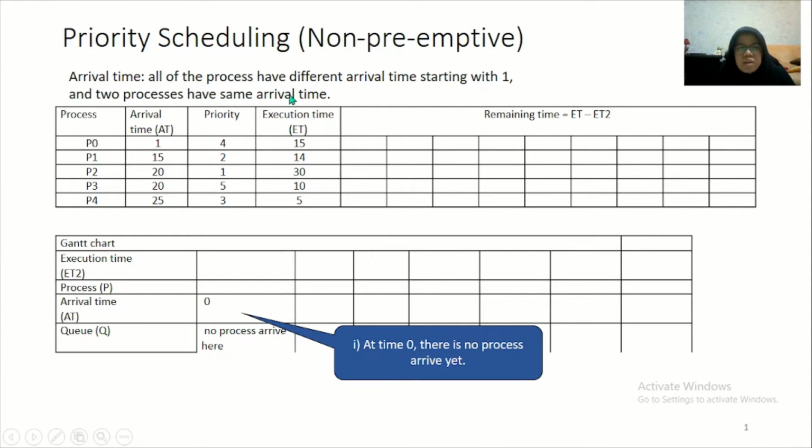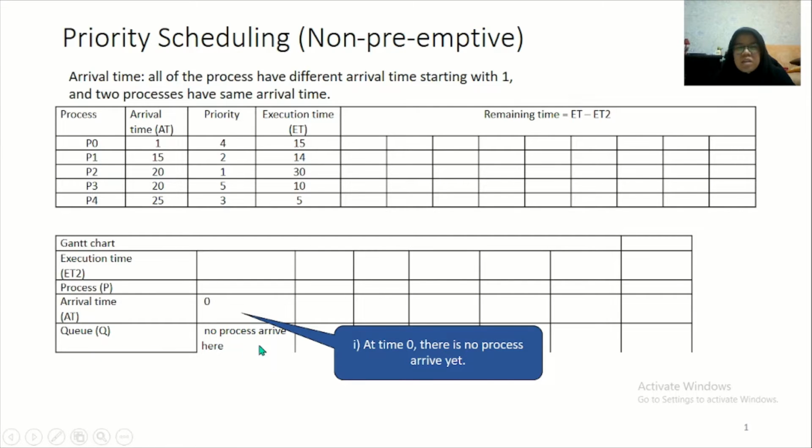Starting with 1, we see that we have 5 processes, and then we have the arrival time, the priority number, and the execution time, also called burst time. Here we have the remaining time, and for the Gantt chart we have execution time, process, arrival time, and also the queue.